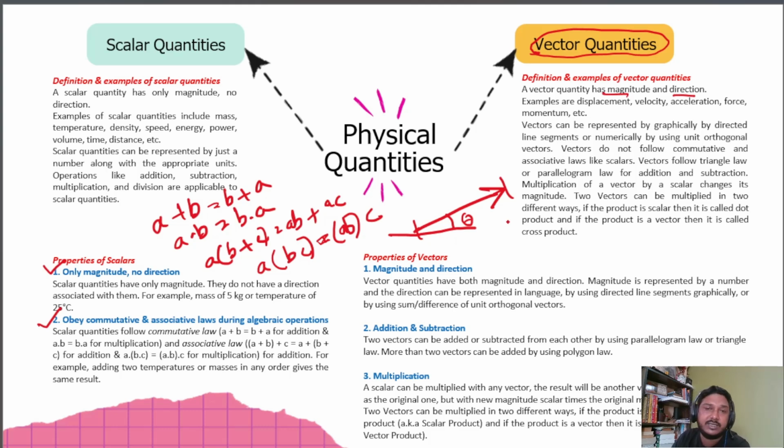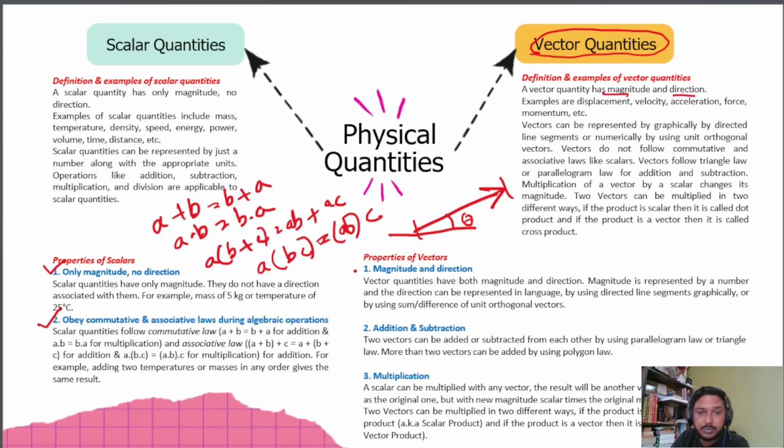Another way of representing a vector is through unit orthogonal vectors, or by drawing it in the form of a directed line segment. Two vectors can be multiplied in two different ways. The multiplication is different, and the addition and subtraction properties are also different from normal scalars.